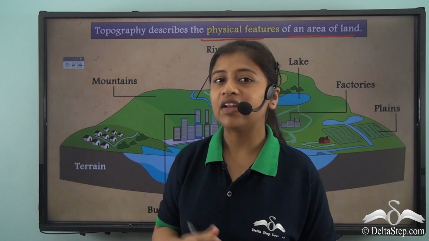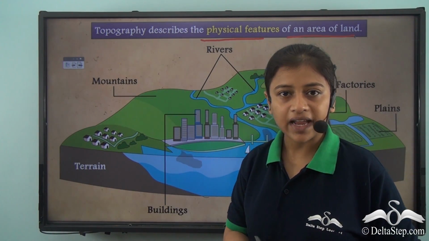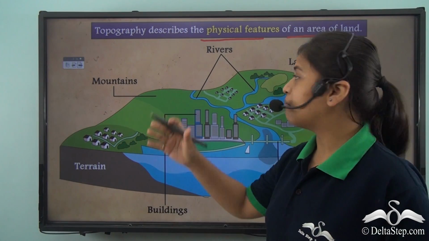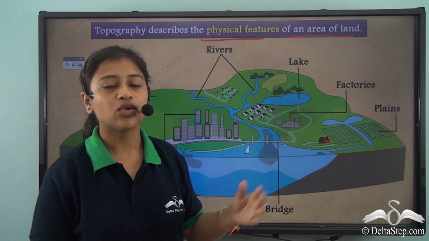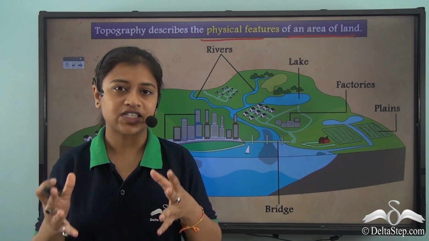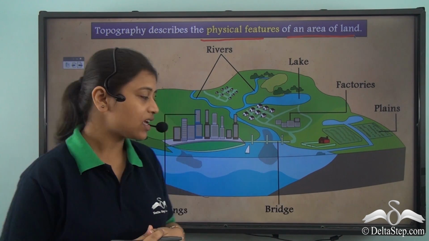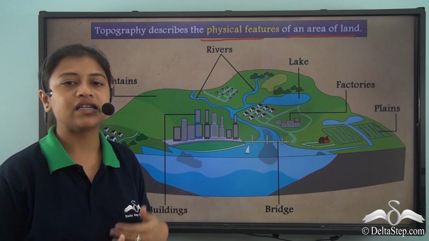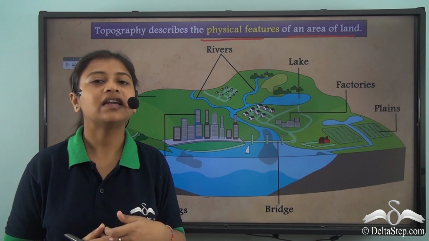So here we have an image that shows us the physical features of a particular area. That includes the mountains, the rivers, the lakes and also the plains. However, the topography as we just described also includes man-made features like the bridges and the buildings. So this is what is known as topography of any area.